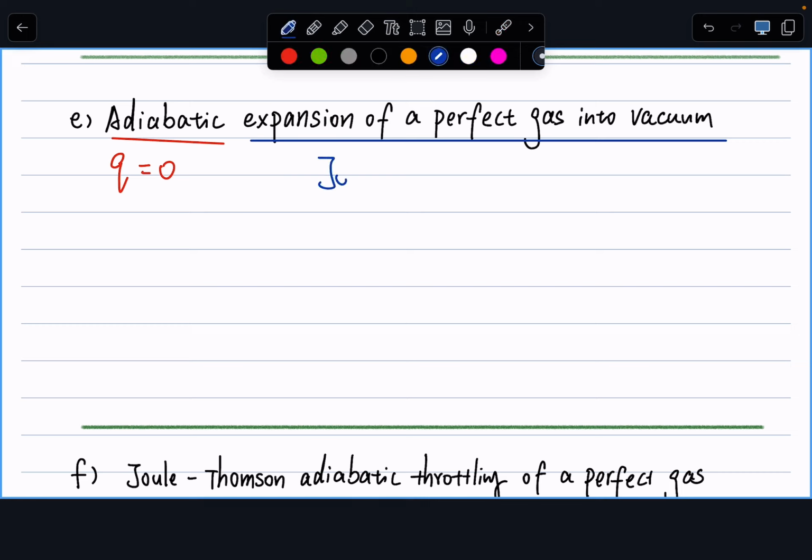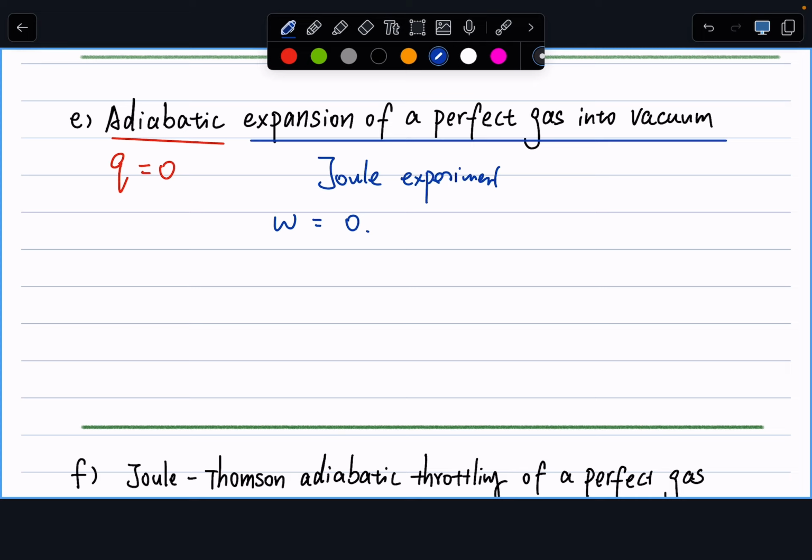So this is the setup of our Joule experiment. And W equals 0 for this process. So the equation for W reversible is no longer applicable, because this process is not a reversible process. Like the expansion of your gas into vacuum, you cannot put it back from the vacuum, right?